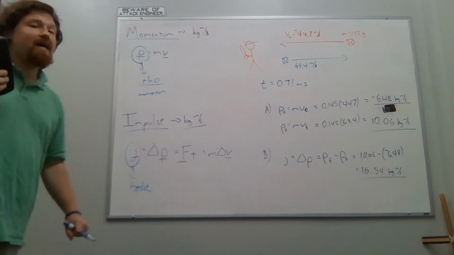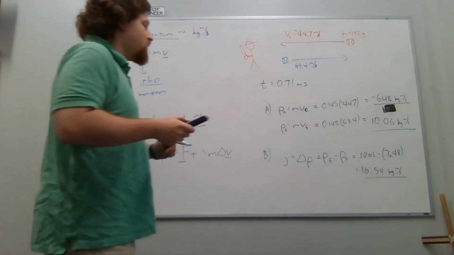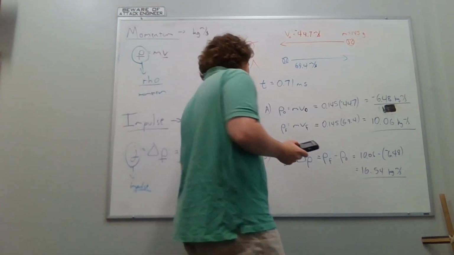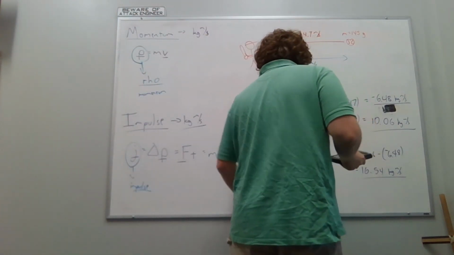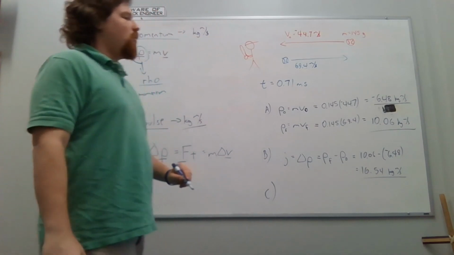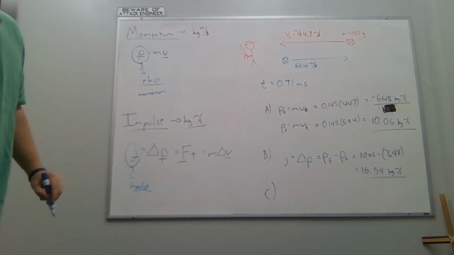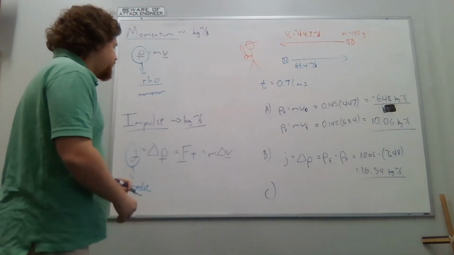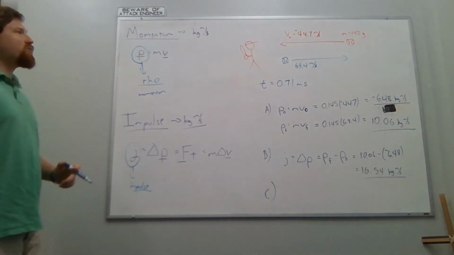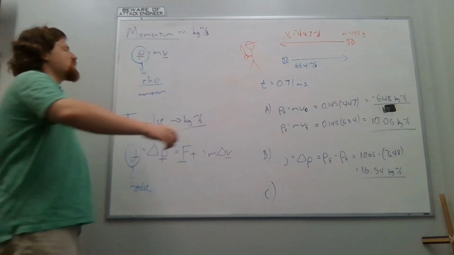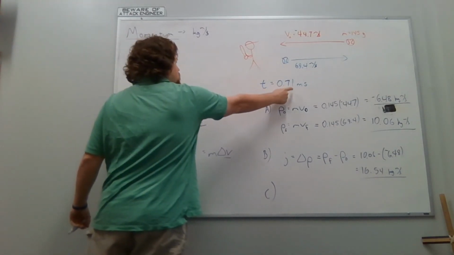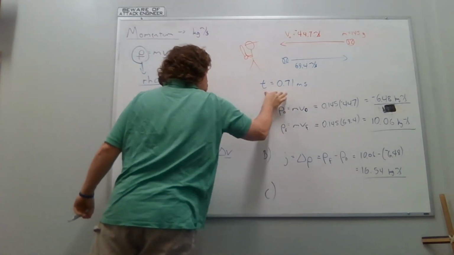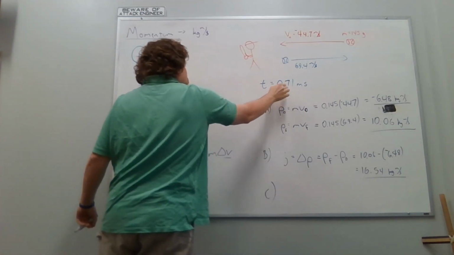The last question on this slide asks, what force did Babe have to apply to the ball in order to make this happen? So, the question wants force. Now, we know impulse, we want force. We also know time. We know the time that the ball was touching the bat. We are told the ball was in contact with the bat for this amount of time.